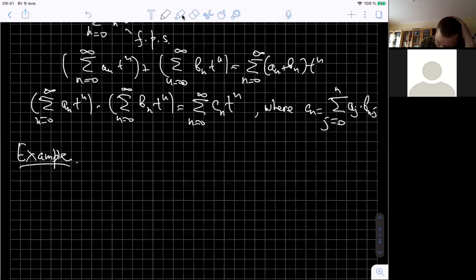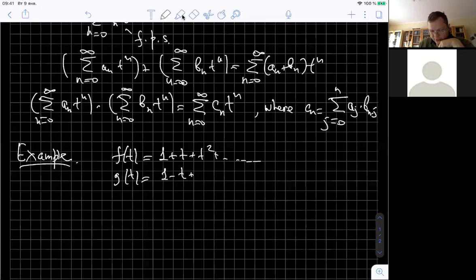Suppose that the first formal power series is 1 plus t plus t squared plus etc. So each coefficient will be equal to 1. And the second one is 1 minus t plus t squared minus t cubed, etc. So it will be an alternating sum: in the even powers we have coefficient 1, and in the odd powers we have coefficient minus 1.